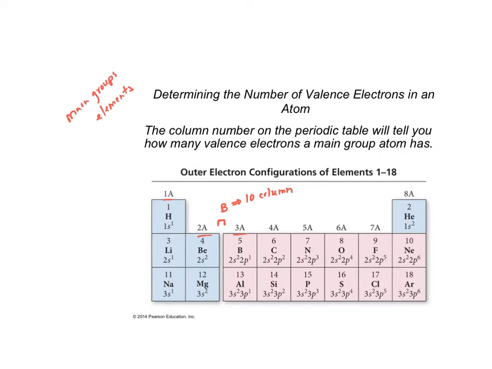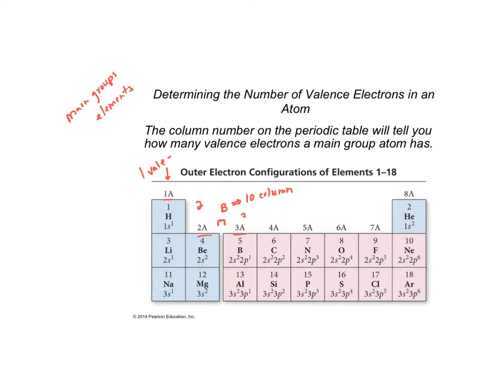Then, based off of what column it is, it's essentially going to tell you how many valence electrons it has, as long as we're dealing with main group. So for hydrogen, lithium, sodium, this is in column 1A. How many valence electrons does column 1A have? 1. 1 valence electron. What about column 2A? How many valence electrons does column 2A have? 2. What about 3A?